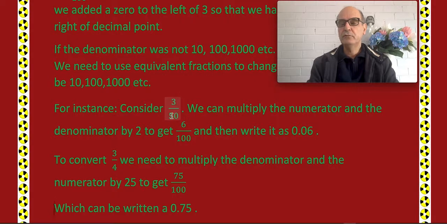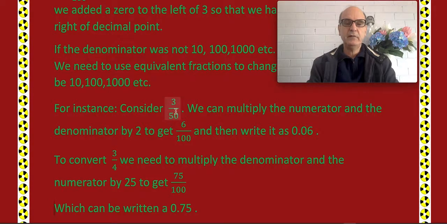Then what do we do here? This is an example of a fraction that you can change to write it out of 100. You remember equivalent fractions. You can times the top and bottom by any number to get equivalent fractions, or you can divide the top and bottom by any number that goes into both of them.